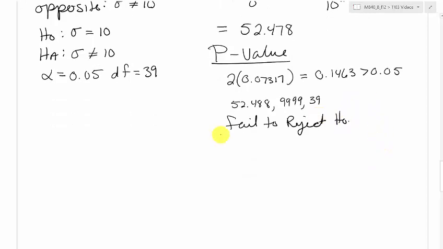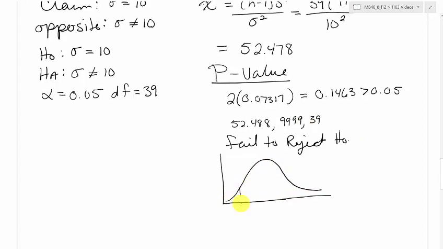We can draw our graph. It's a two-tailed test, so half of alpha would be 0.025 in this tail and half in this tail.